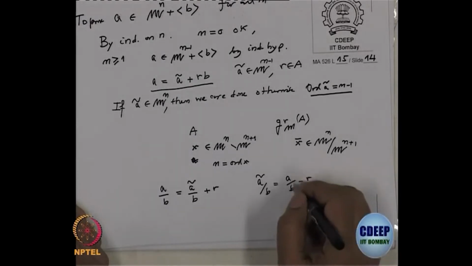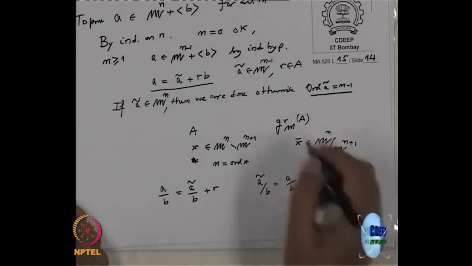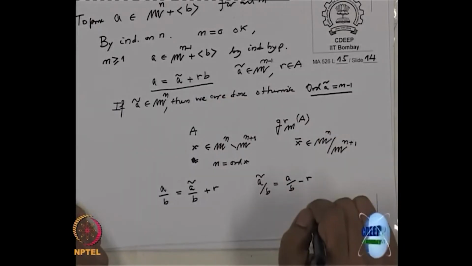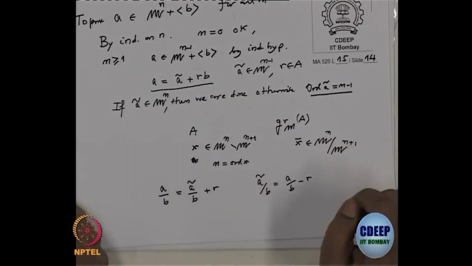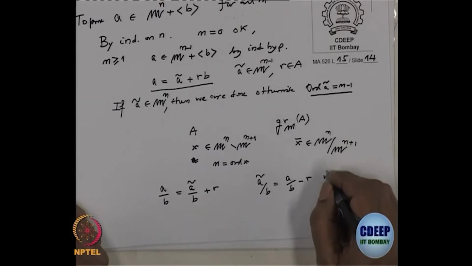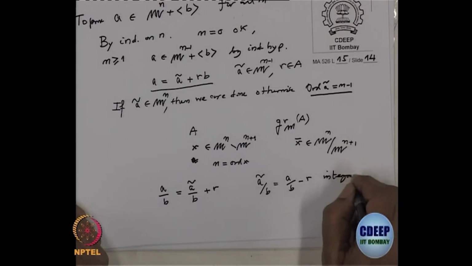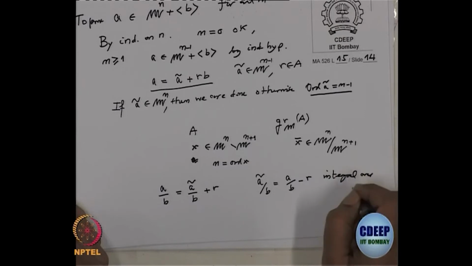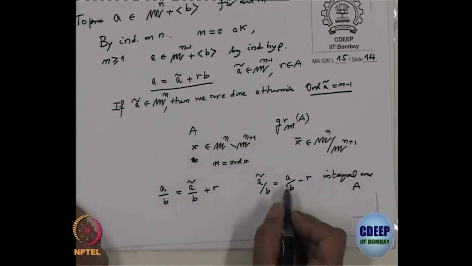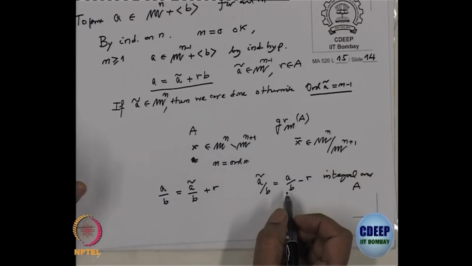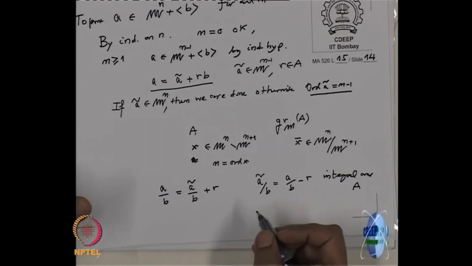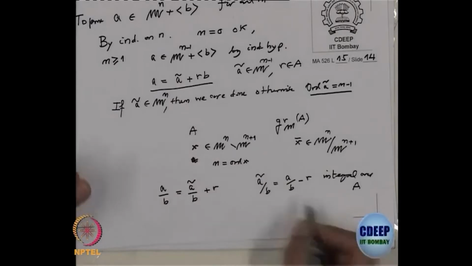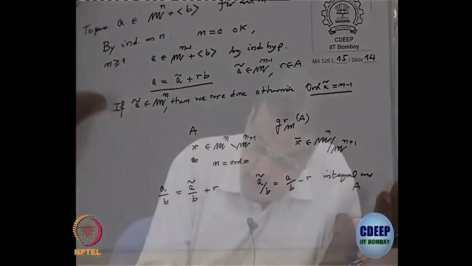And a by b is integral, r is an element in A, so it is integral over A, so therefore the difference is integral over A. You see, from a by b I am making some process so that the numerator becomes lesser and lesser degree, no. So, modulo this, this is integral over A.